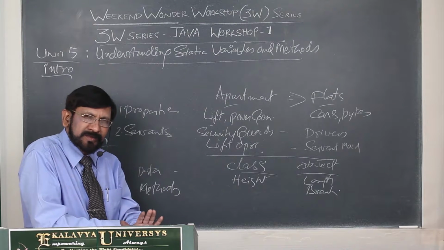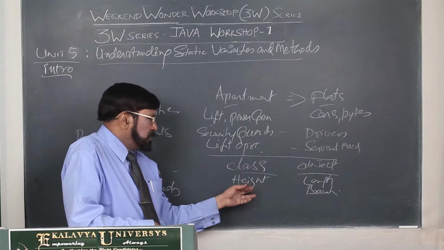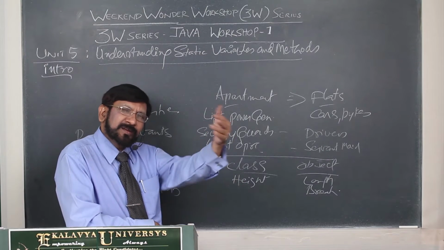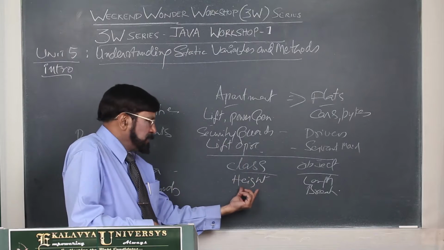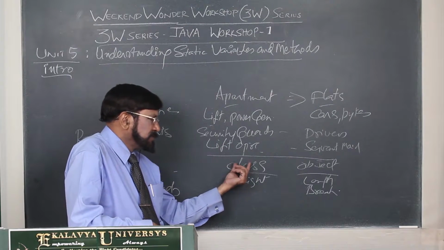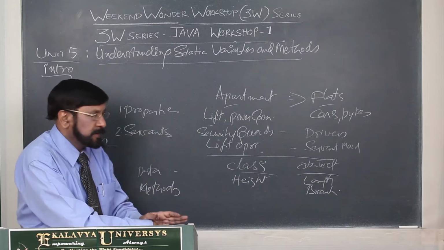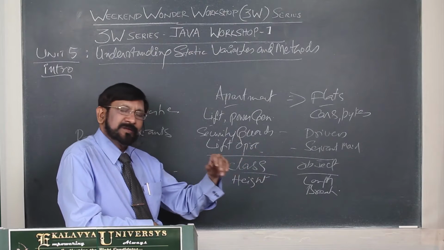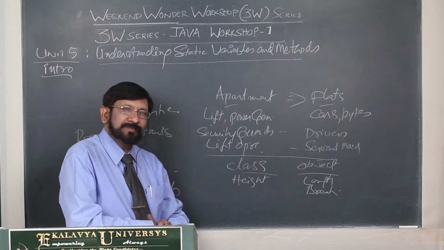Somewhere some exceptions are there, but I am talking about normal cases. Then why should you define height for every room? You define a common one and make it belong to the class, and as the length and breadth of each room are different, you make them instance variables belonging to the object.